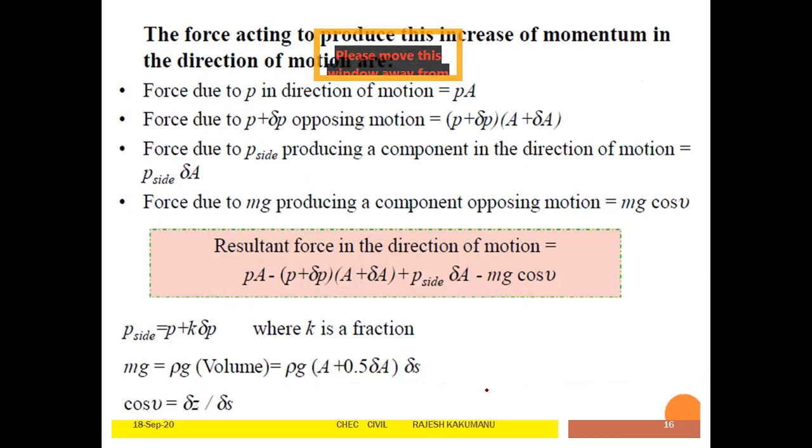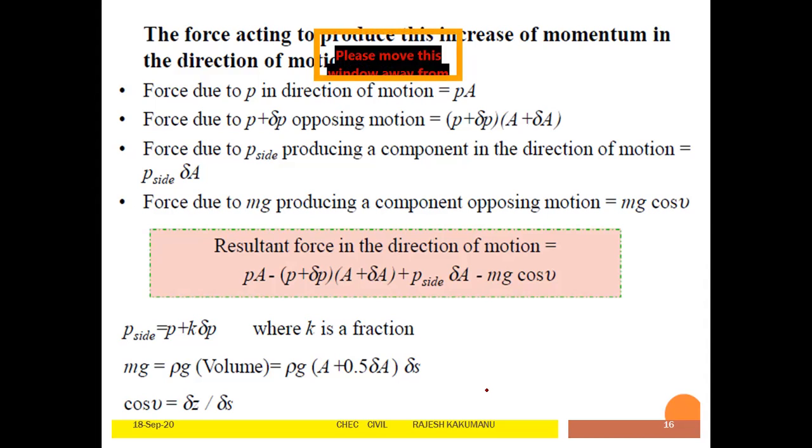The force due to pressure, with change in the pressure in the opposite direction, is equal to P plus dou P into A plus dou A, that is, P plus dou P times A plus dou A. Now, the force due to the pressure side producing a component in the direction of motion is equal to P into rho into A.